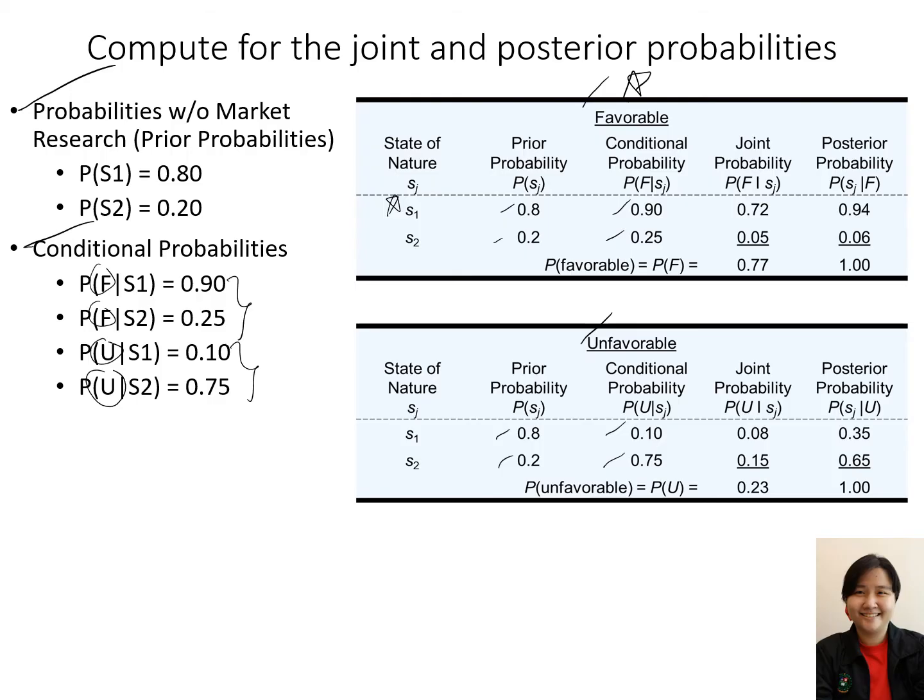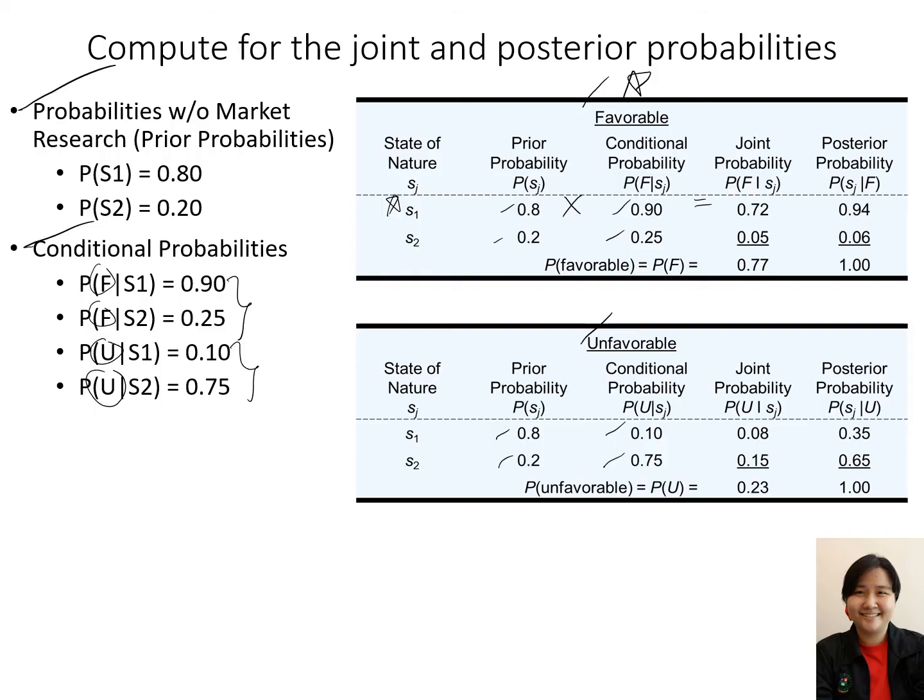Now, following step 1, we multiply the prior probability by the conditional probability to get the joint probability for each state of nature. Under favorable market research, for S1, we multiply 0.8 by 0.9. So 0.8 times 0.9, you will get 0.72.